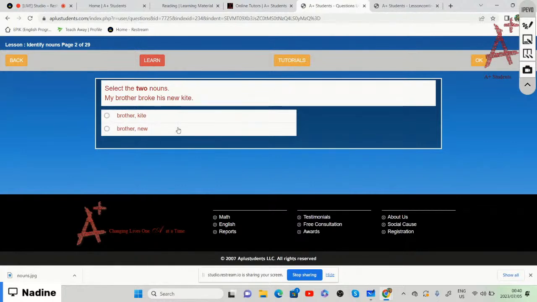We need to select two nouns. My brother broke his new kite. Is it brother and kite or is it brother and new? We need to select the two nouns in the sentence.